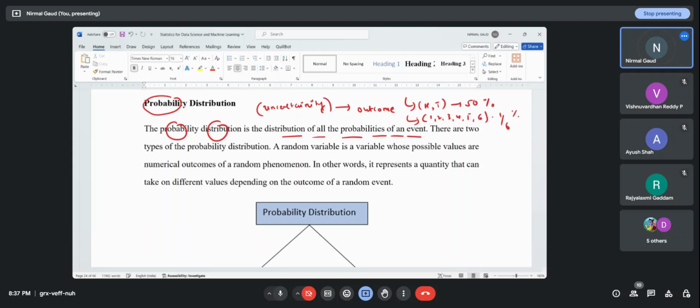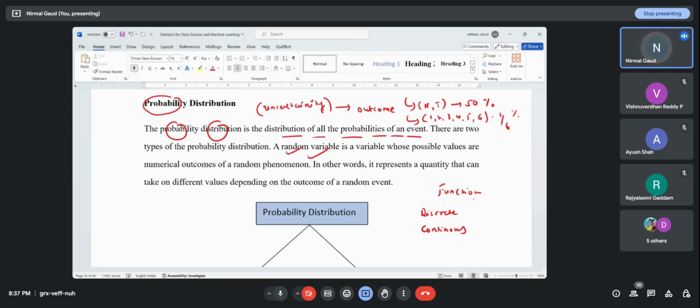There is a random variable. I also explained that the random variable is defined over a function. This function can be discrete or it can be continuous.